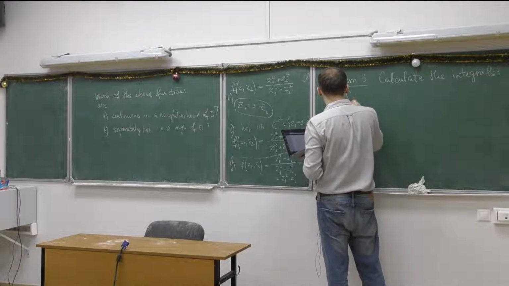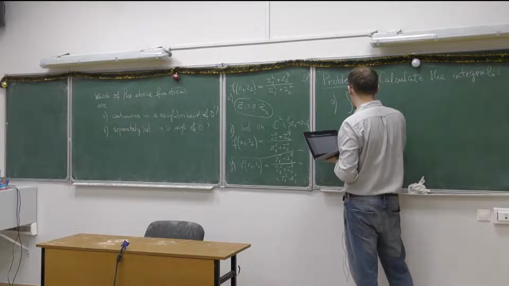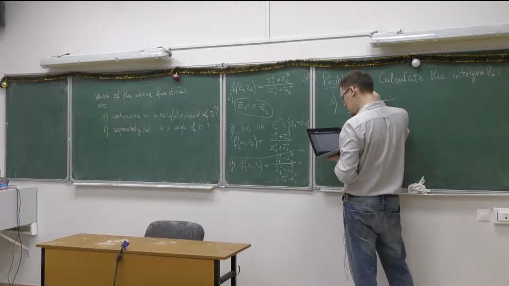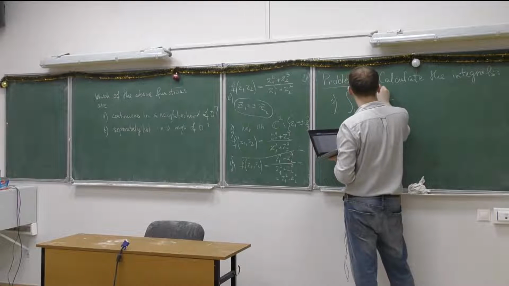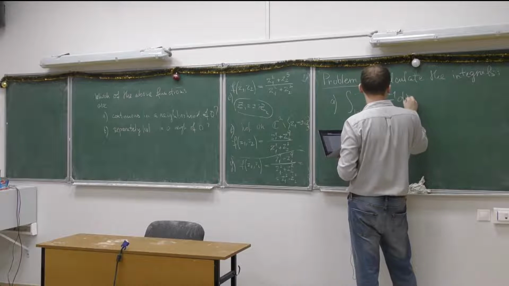Okay, so we have an integral over a unit circle of the function sine of zeta plus 1 over zeta d zeta.